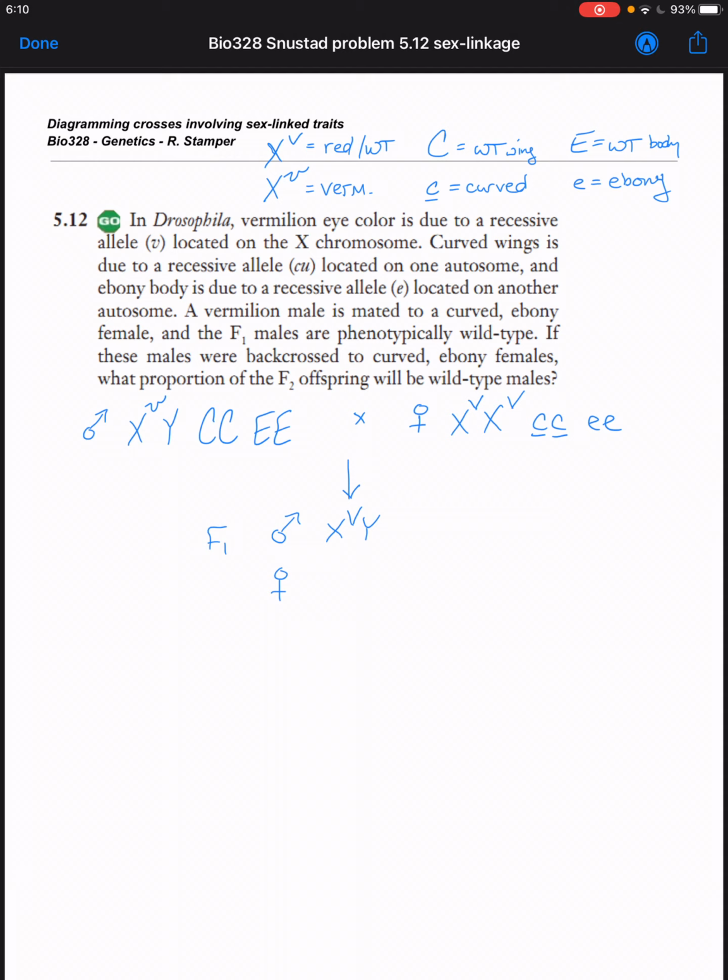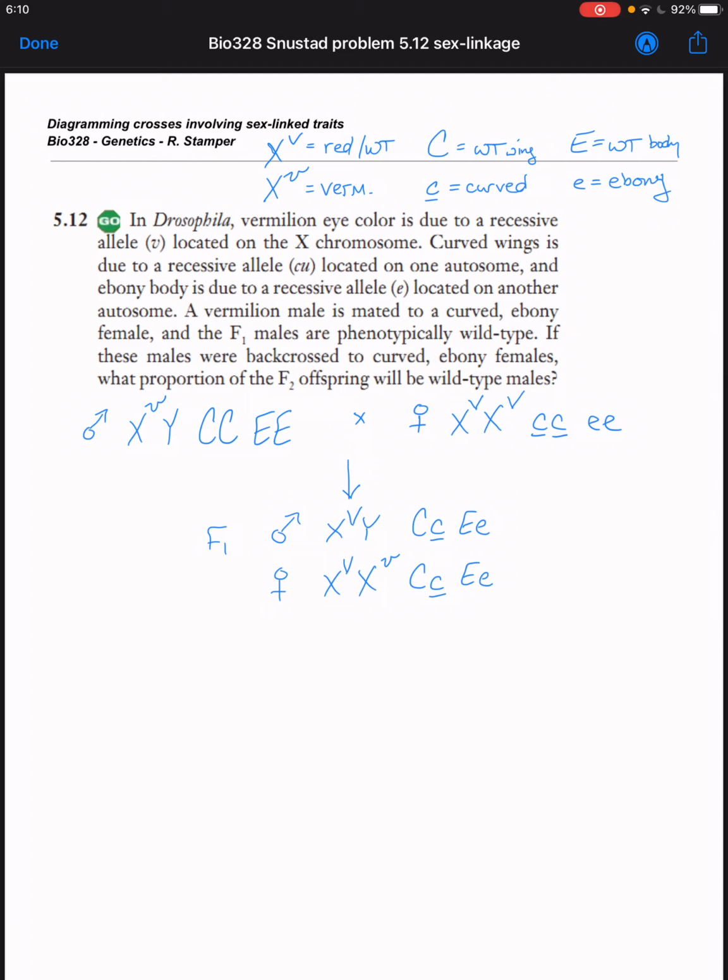The female will have XX. One of those X's came from mom. That's going to be with the wild type allele. One of those X's has to come from dad. That's with my recessive mutant allele. So mom is a heterozygote for eye color. Both male and female, it doesn't matter. The autosomes, I'm going to have a heterozygous condition for both. All right, so those are my male and female F1s.